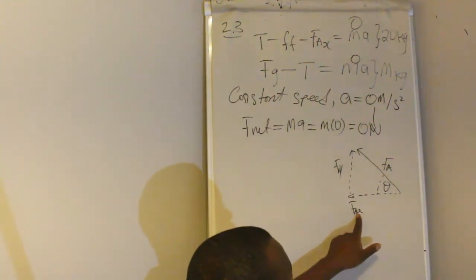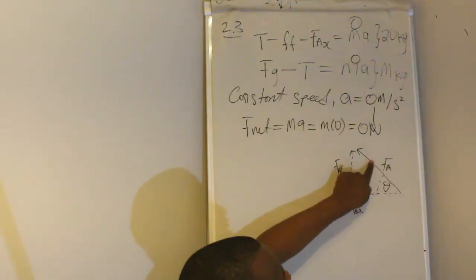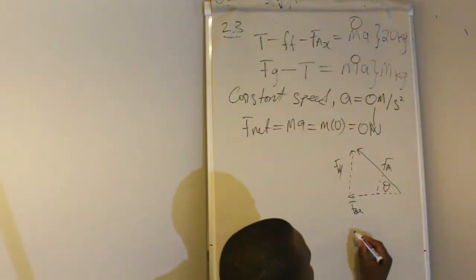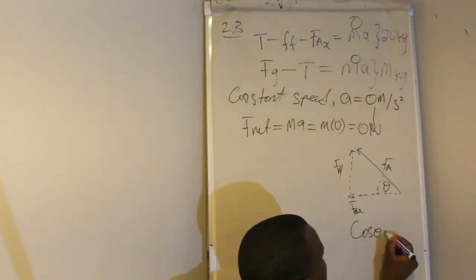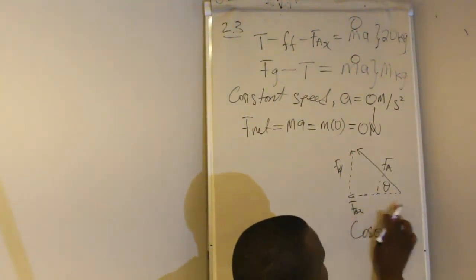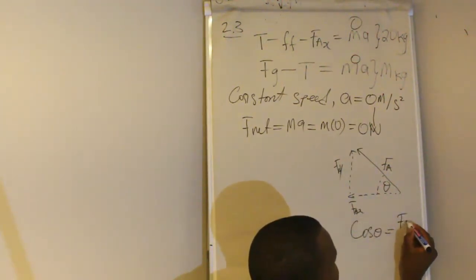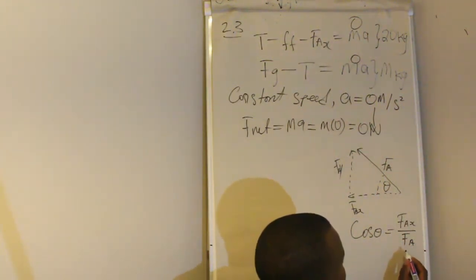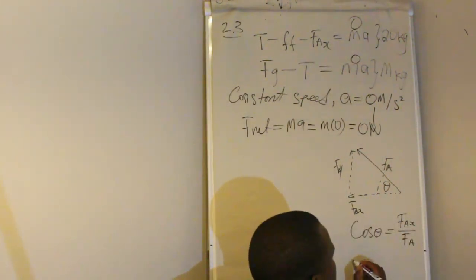For example, for this one, you are given the original force and the angle. You want the adjacent. This is cos. So cos theta is adjacent over hypotenuse, which is Fax over Fa. That means now you want to solve this by cross multiplying.